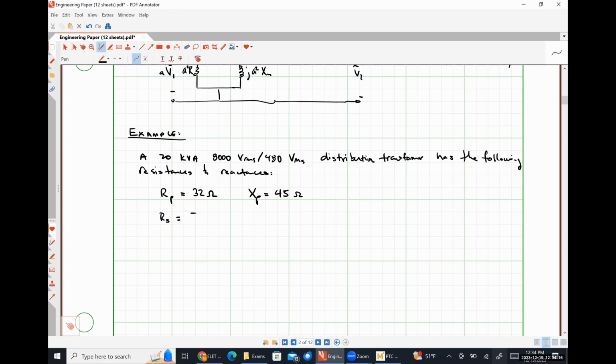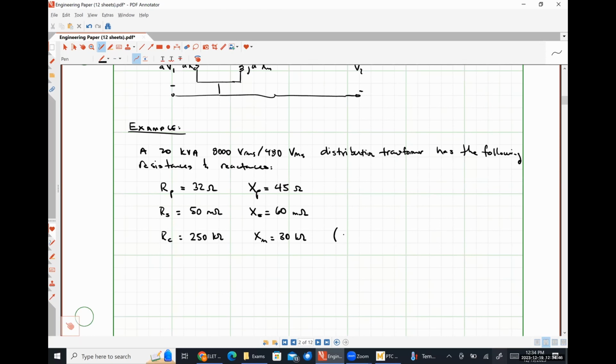R sub S 50 milliohms, X sub S 60 milliohms, R sub C 250 kiloohms, X sub M 30 kiloohms, where these are on the high voltage side of the transformer.